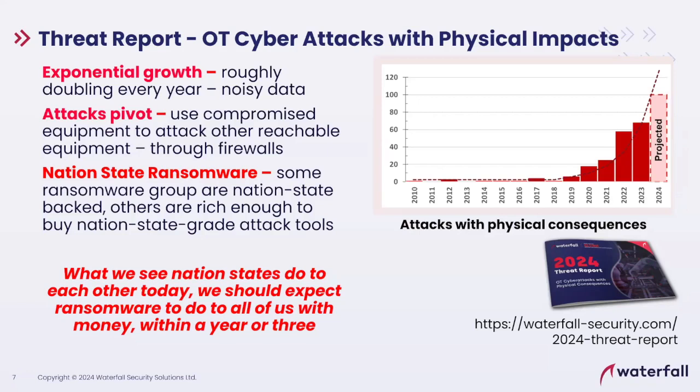The year after was 23. The year after that was 57. Last year was 68. Most of them were ransomware. 68 attacks that affected over 500 sites. Most of the attacks affected multiple physical operations sites. Some of the ransomware is very sophisticated.